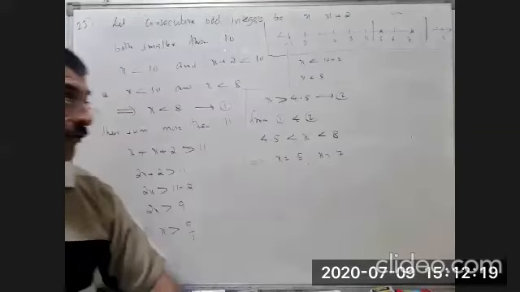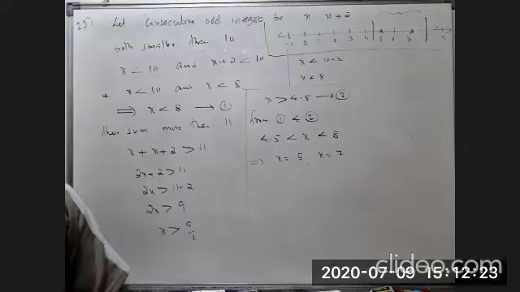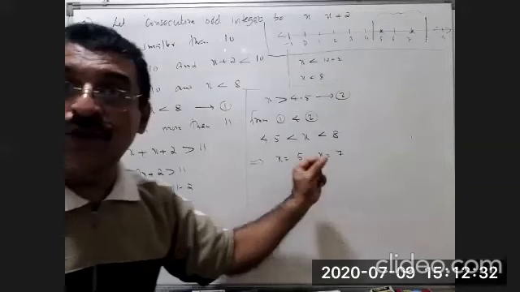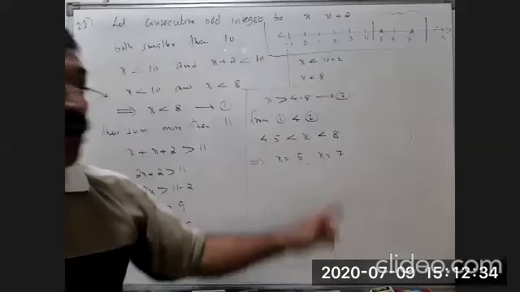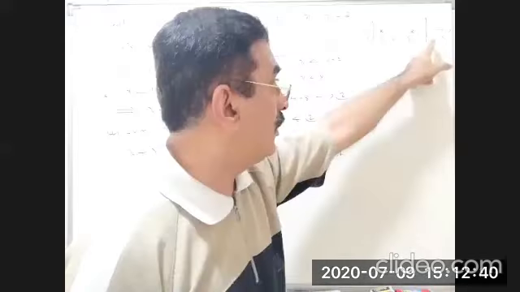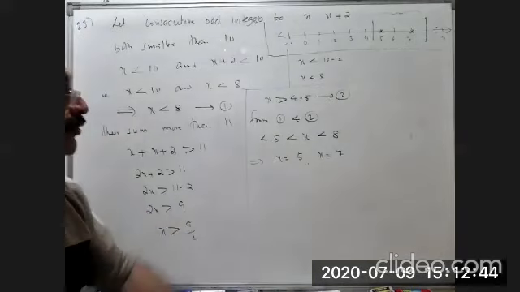So combining these two, we start from the smaller one: 4.5 less than x, less than 8. Our x is an odd integer between 4.5 and 8. You observe 5 and 7 are the odd integers. These are x values.